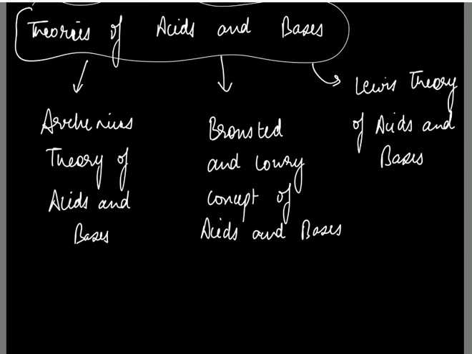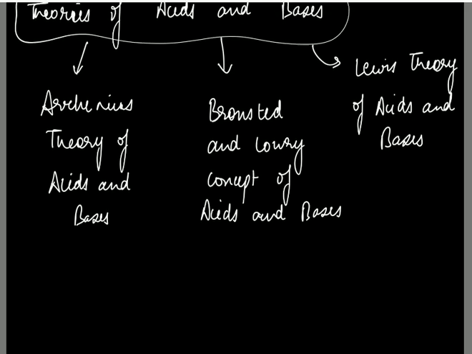So we have already defined what is an acid, what is a base according to Arrhenius. Acid is a substance which releases H positive or hydronium ions when dissolved in water. Base is a substance which can release OH negative ions when we dissolve it in water or aqueous solutions.